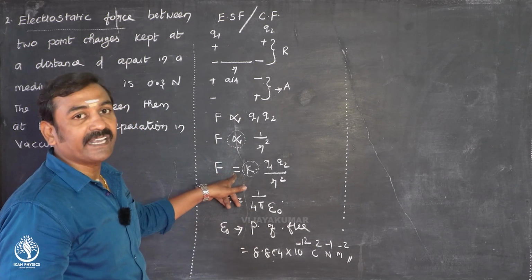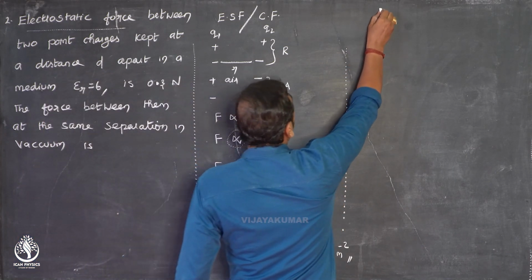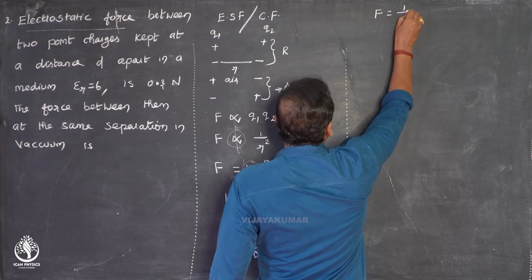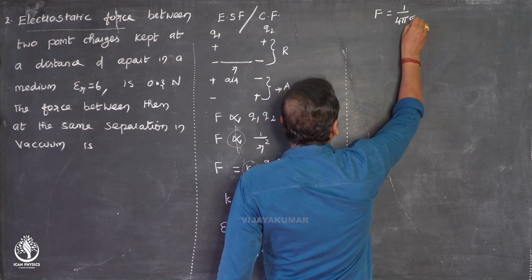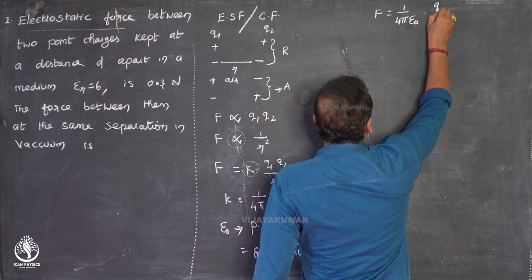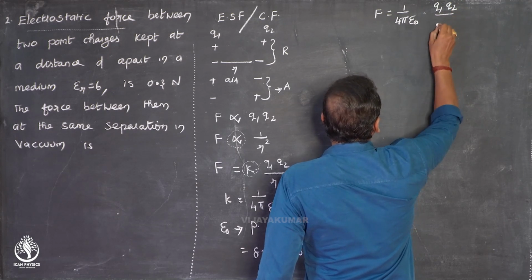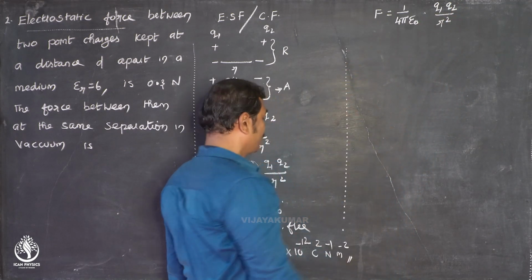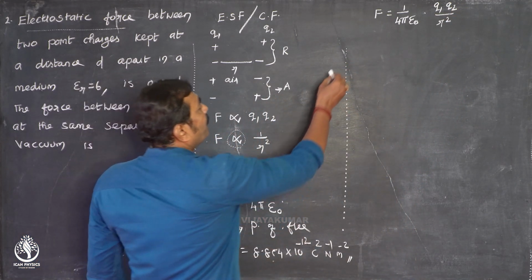So we can rewrite the formula: F equal to 1 by 4 pi epsilon 0 Q1 Q2 by r squared.